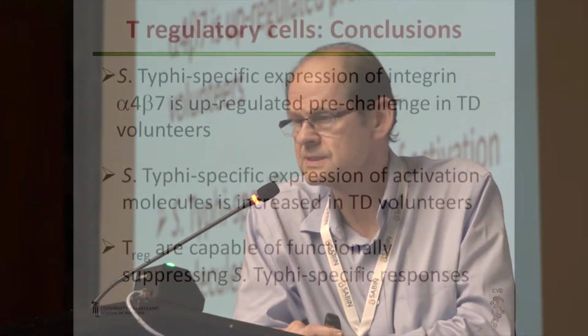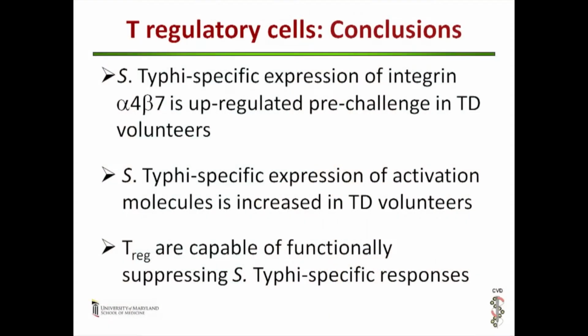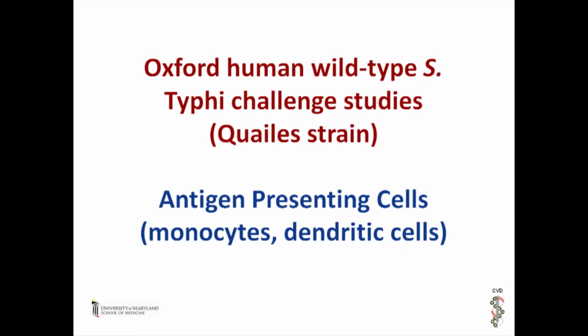In contrast, the no typhoid people have increased regulatory cells over time. So these are the conclusions. This also was the first demonstration that T regulatory cells are capable of functionally suppressing S. typhi specific responses. Very important, because there was no evidence of Tregs having an effect in this system.